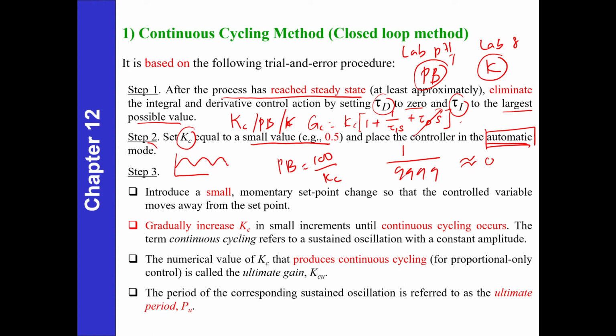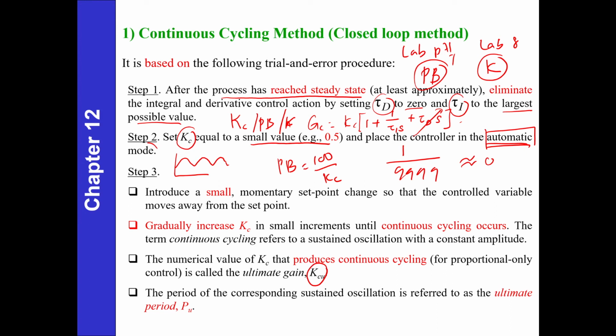It's enough to understand that in order to get the best value of Kc, the ultimate goal is to get a sustained oscillation, because it represents the best value of Kcu, the best value of proportional gain.